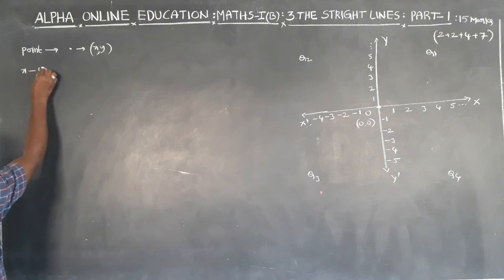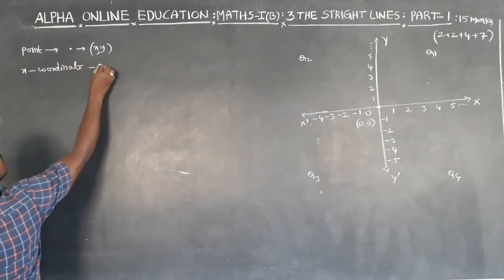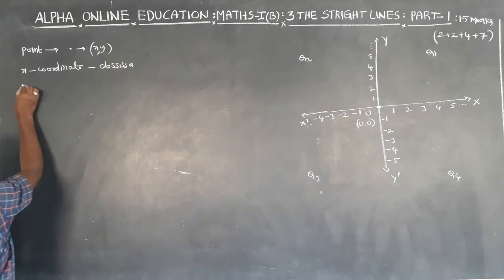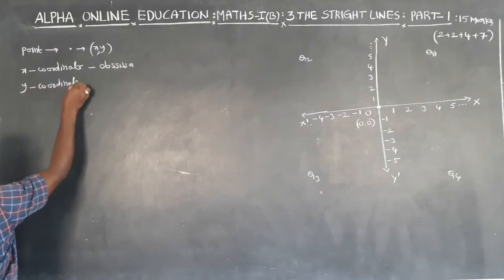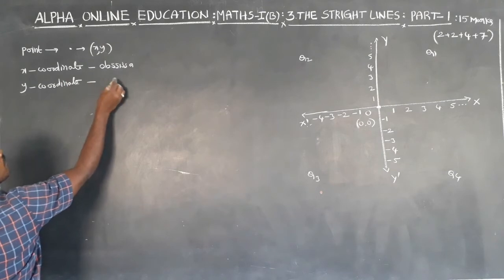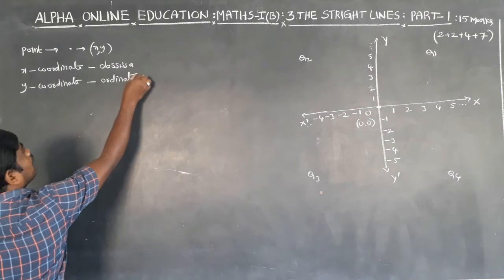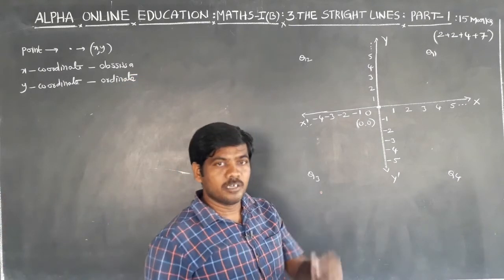The x coordinate is the abscissa, and the y coordinate is the ordinate. A point is denoted by an ordered pair.